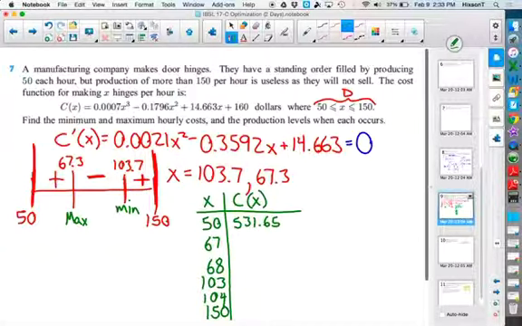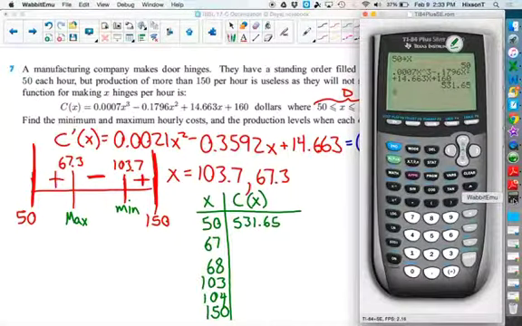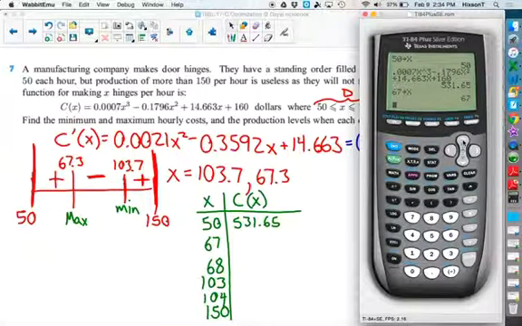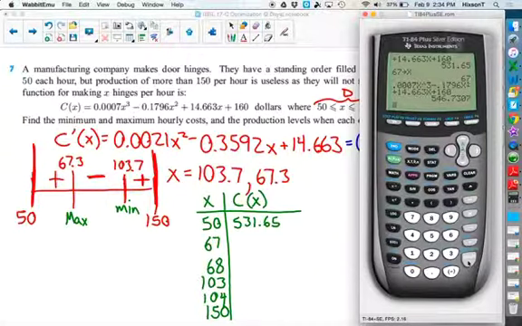So let's write that down, 531.65. Then we want to do the same thing for 67, so I'm going to do 67 store x, and go back to where I punched it in, and now it's 546.73.